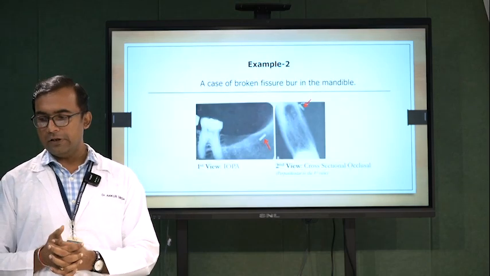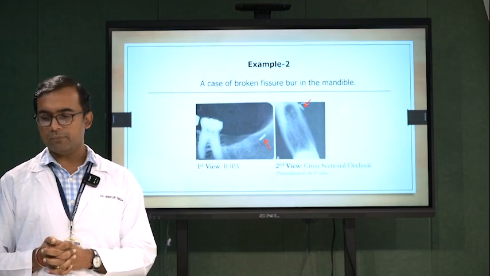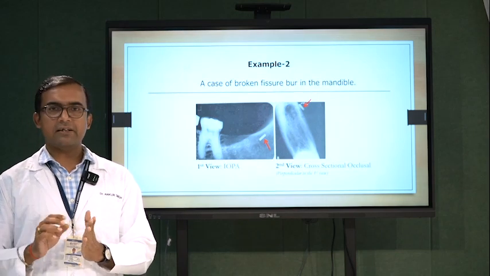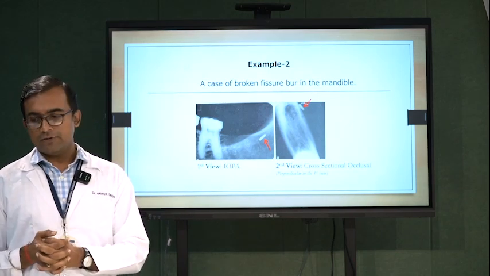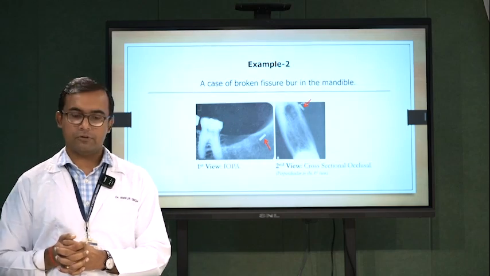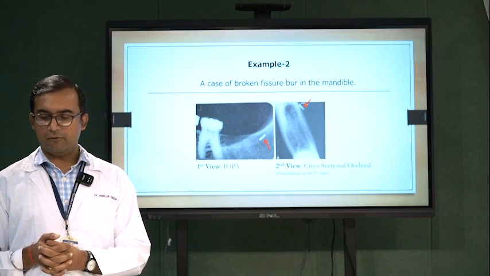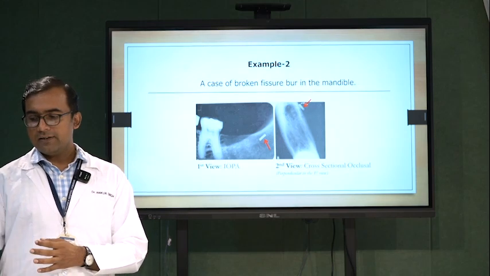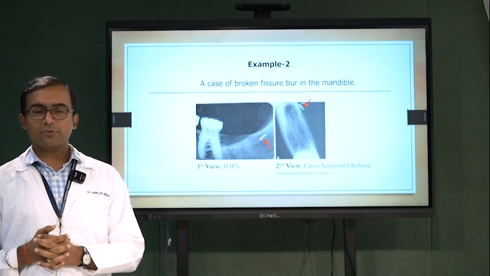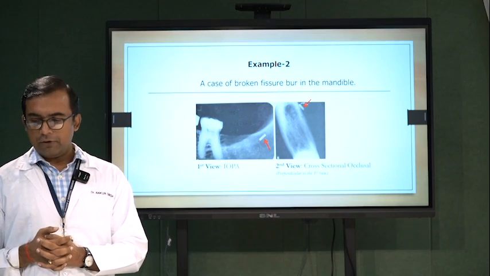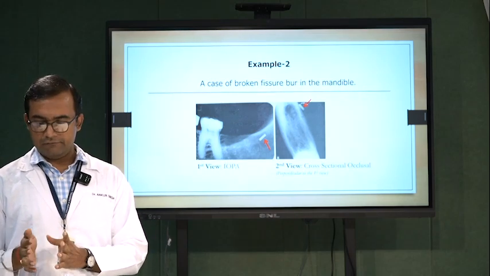Second example shows a broken dental instrument or a burr which somehow got impinged into the jaw. So this is the lower jaw, the mandible, and the fourth quadrant. First image is of an IOPA commonly performed by any dentist. Here the object is shown close to the superior cortex, somewhat close to the third molar which is absent.